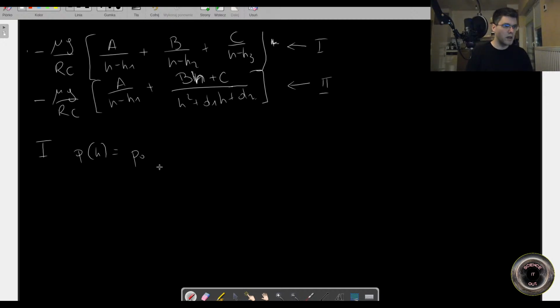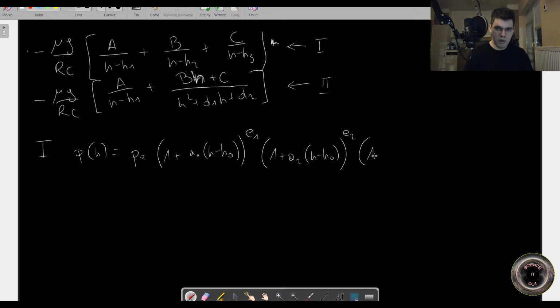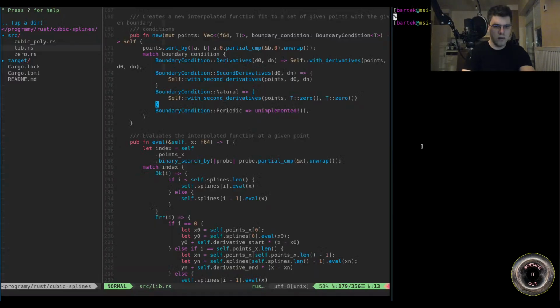Okay, and this looks something like this. 1 plus a1 h minus h0 to some exponent e1. I won't even write those exponents explicitly because it's a lot. 1 plus a2 h minus h0 to the power of e2, 1 plus a3 h minus h0 to the power of e3. So that's the solution for the first case, and those constants a3, e3, and I think even h0, but I don't remember currently. Let me check in the code.